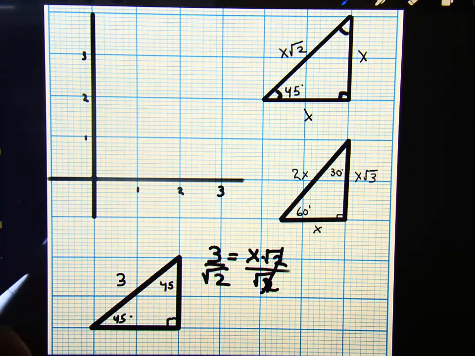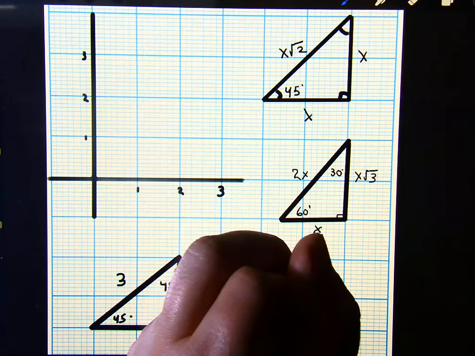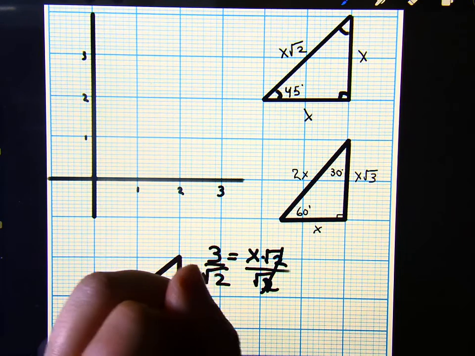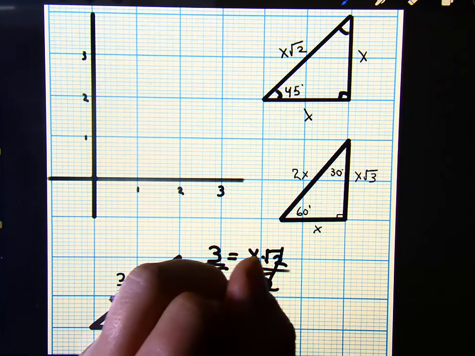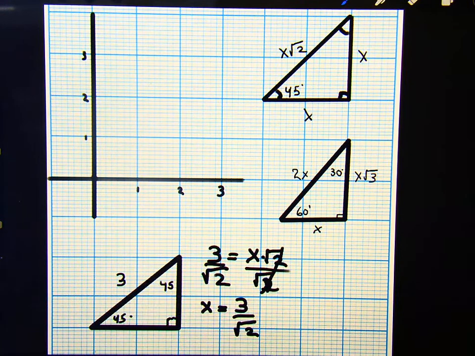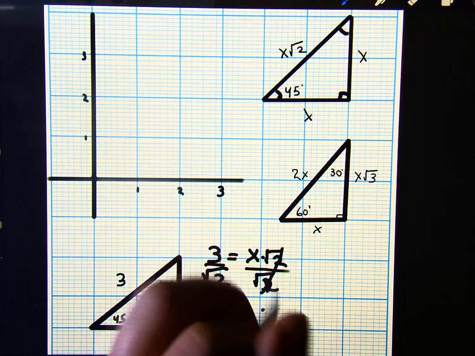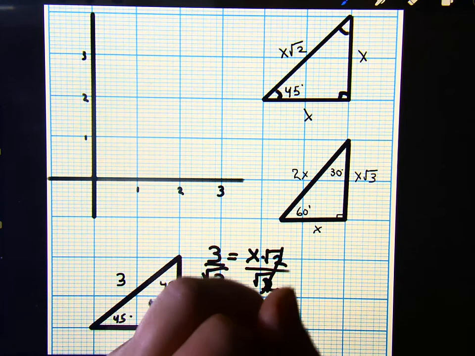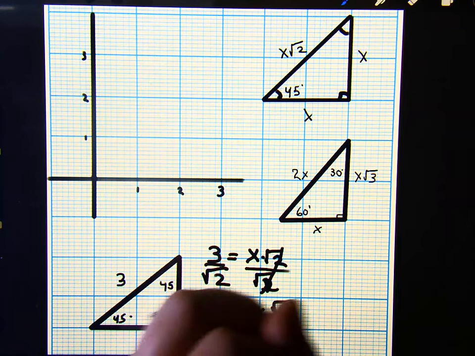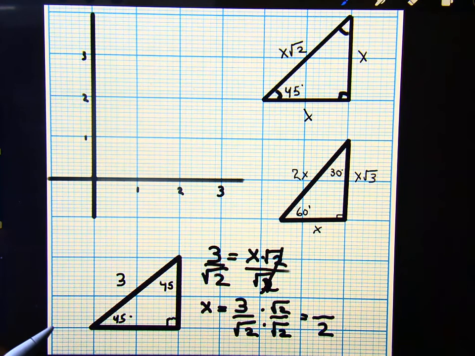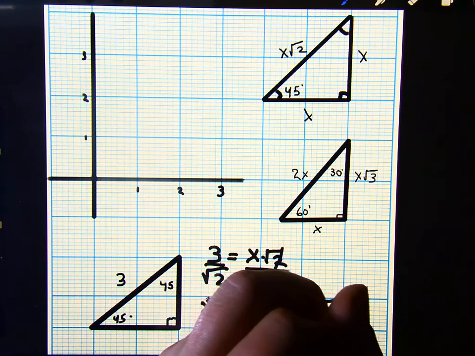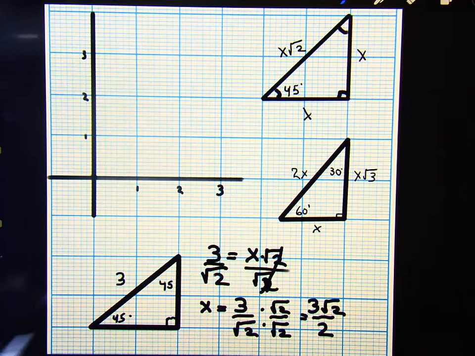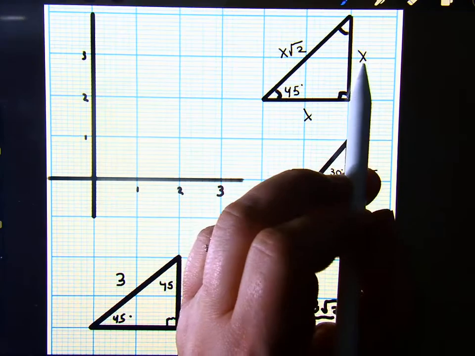These will simplify and you'll get x equals 3 over square root 2. Obviously we don't want to have a square root in the denominator, so we're going to rationalize our denominator. This will simplify out to 2 in the denominator. This becomes my value of x, which is 3 square root 2 over 2.